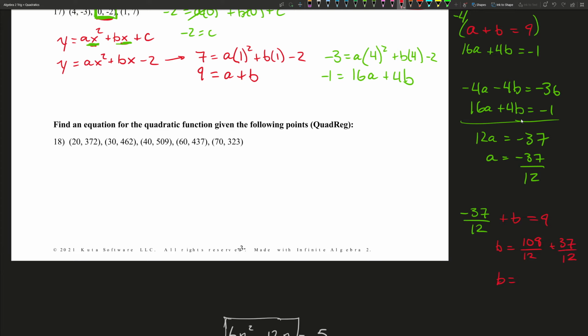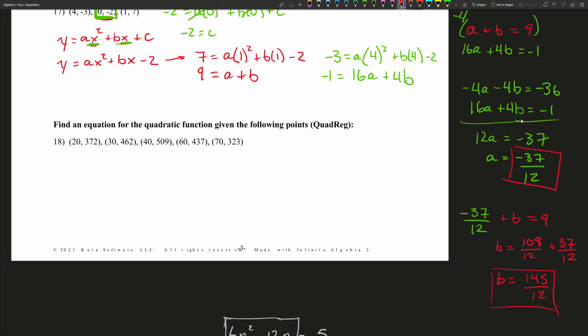So b is equal to, where does the 1 come from? Hold on a second. All right, so we get b is equal to 145 over 12.